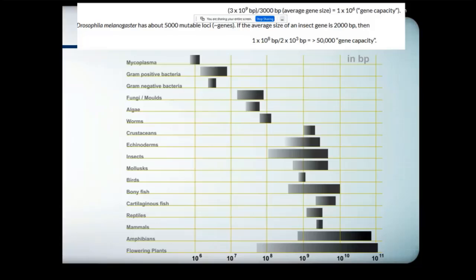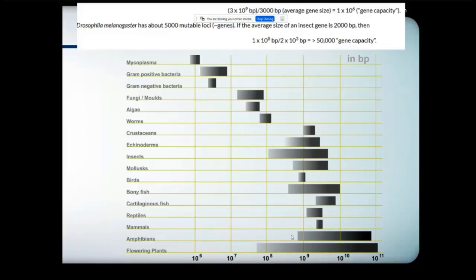In amphibians, the value starts from about 8 or 9 into 10 raised to 8 to about 9 into 10 raised to 10.